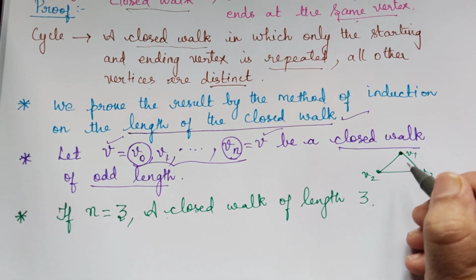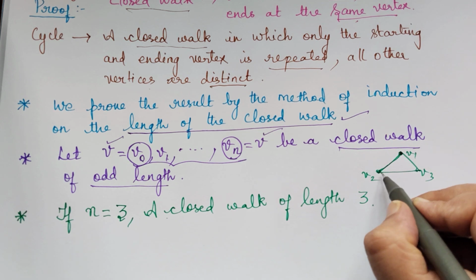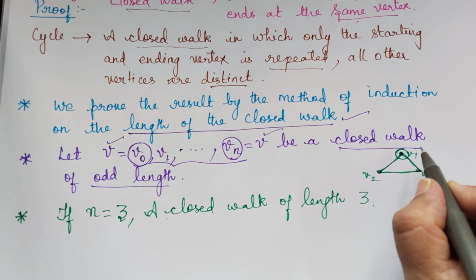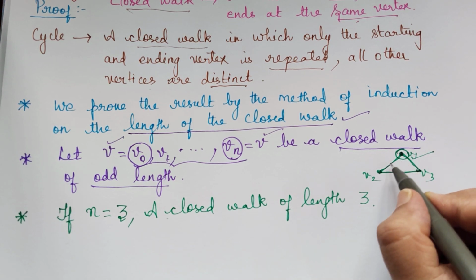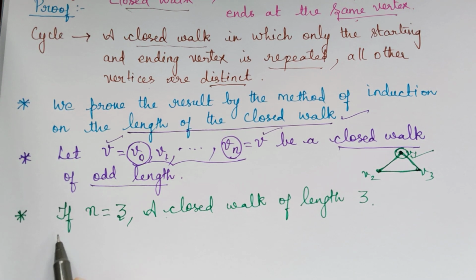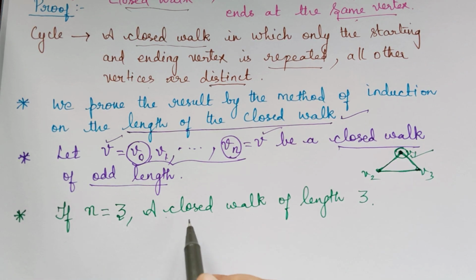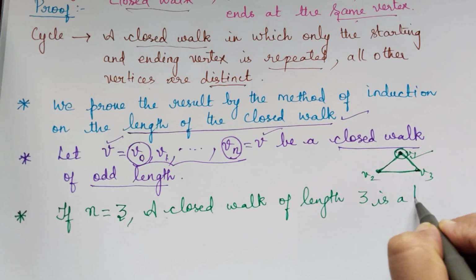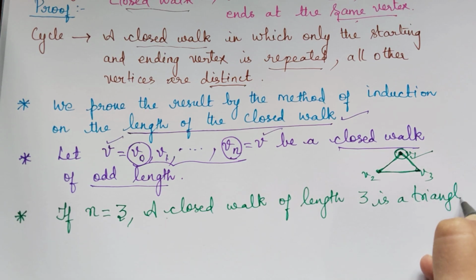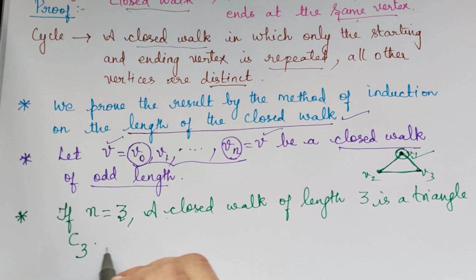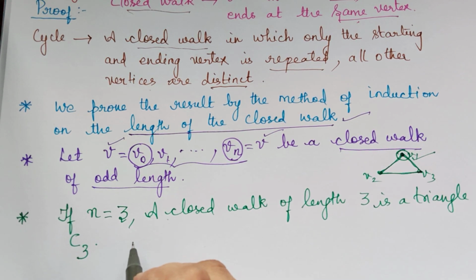If we start the walk from here, V1 to V2, V2 to V3 and V3 to V1, because the initial and the terminal vertex are going to be the same. And we observe that it is a cycle. In fact, it is an odd cycle. So if n is equal to 3, a closed walk of length 3 is a triangle. And since it is a cycle, we can represent it as C3. So hence the result is obvious in this case.